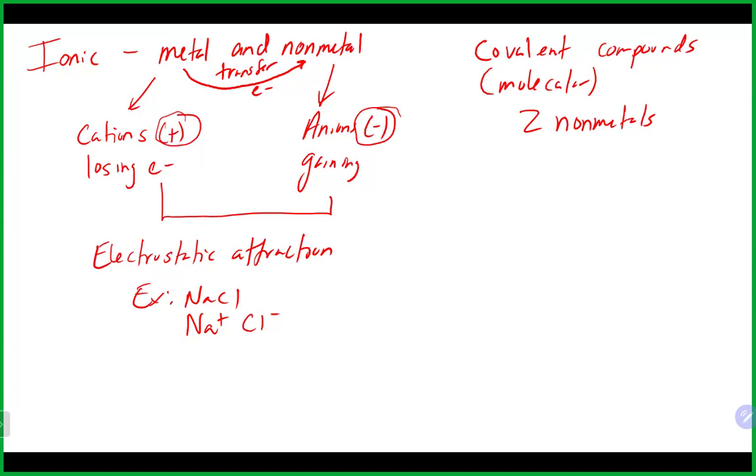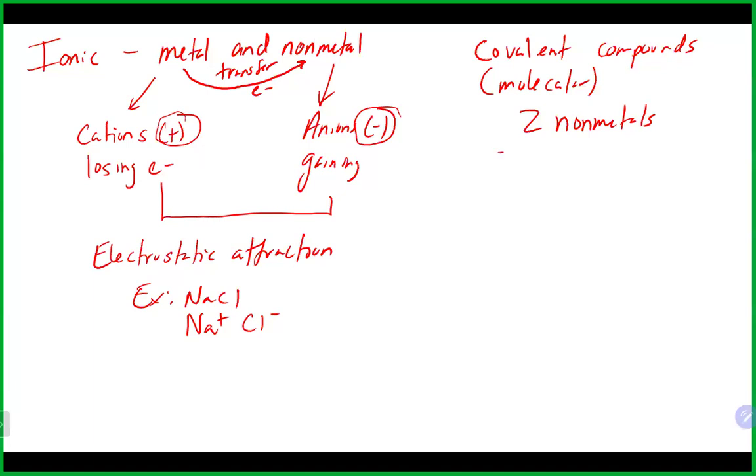So what happens when two nonmetals get together is neither one of them is going to give up its electron because they both want to hold on to it. So the best that they could agree to is we'll just share electrons. And that is when we get sharing of electrons occurring when two nonmetals come together.